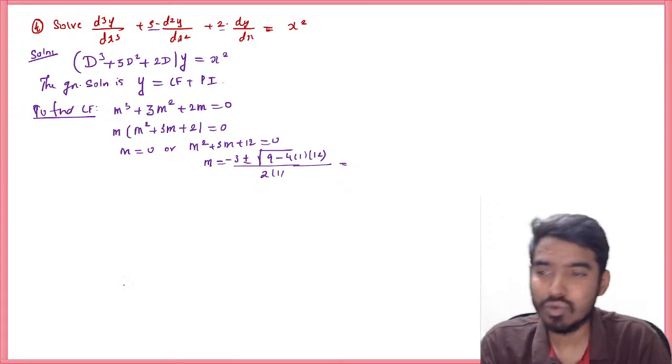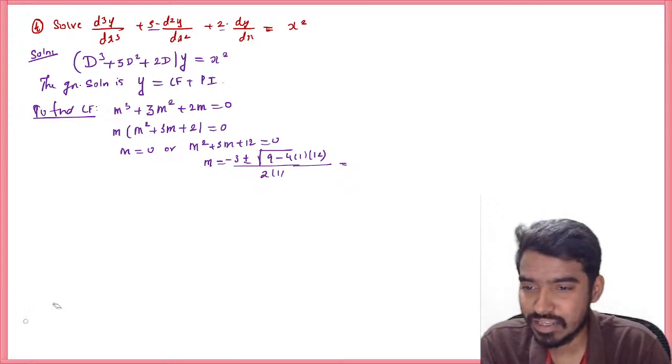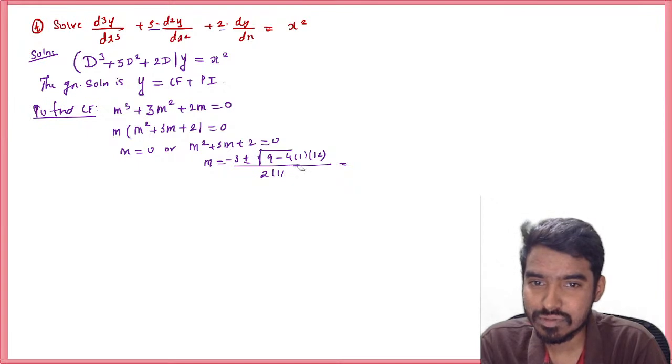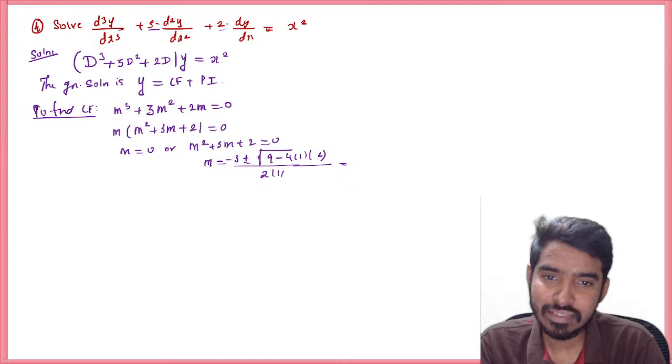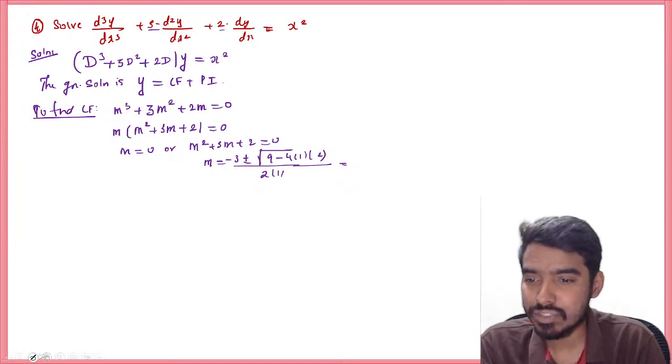Okay, sorry. It's 2, right, sorry, yes. Actually you'll be getting a nice answer only this way, that's why I had the confusion that the question was wrong.